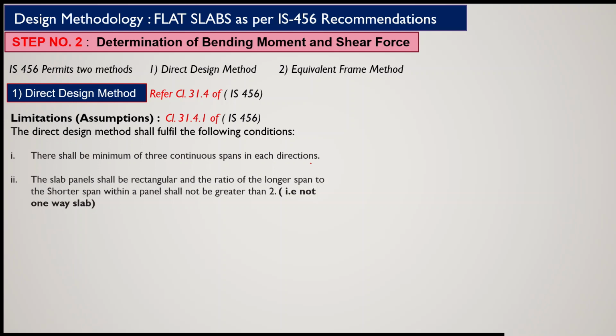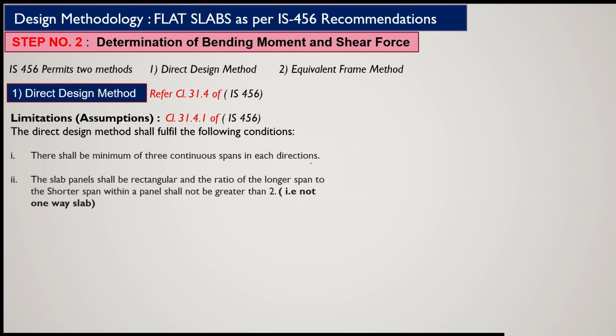Second, the slab panel shall be rectangular and the ratio of longer span to shorter span within a panel. Now, no need to get confused that we are talking about the whole slab, but we are talking here in the second assumption about the panel of the slab. That means slab will be divided into various panels.